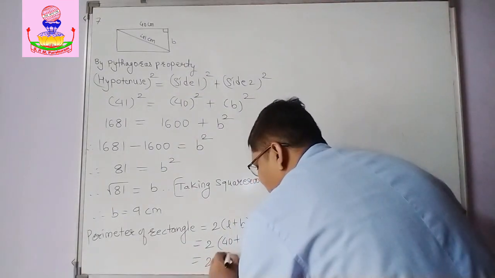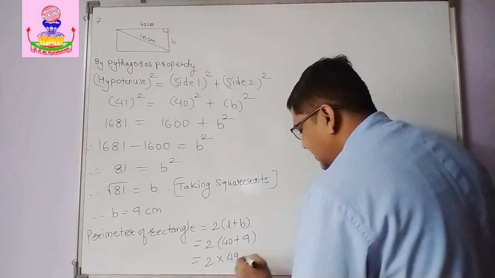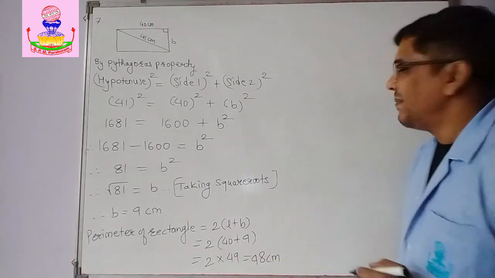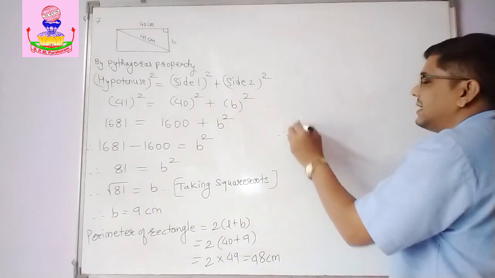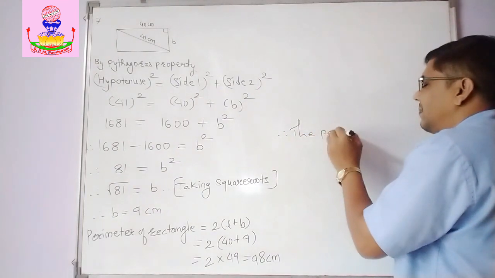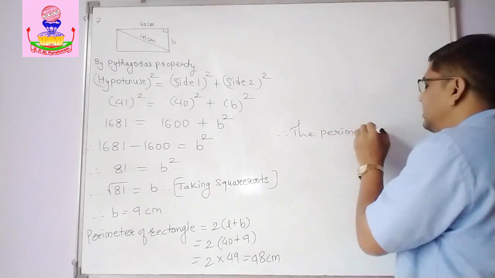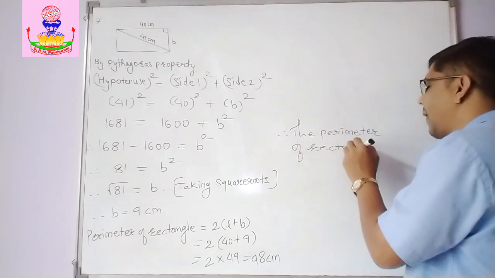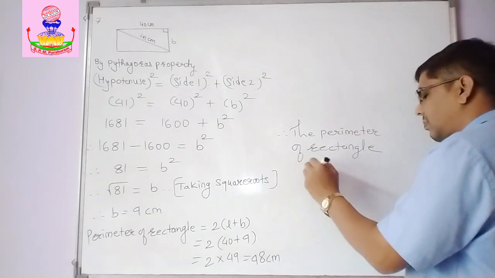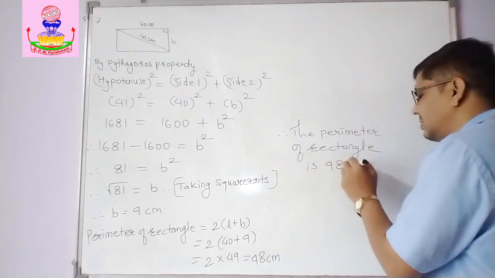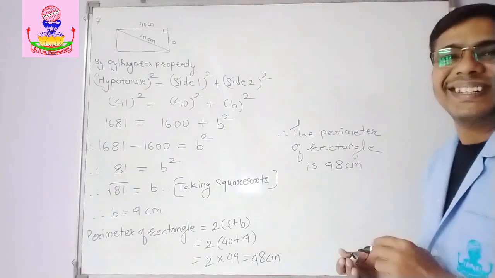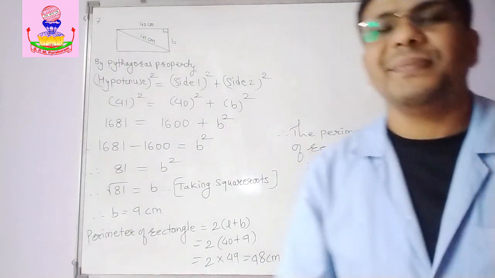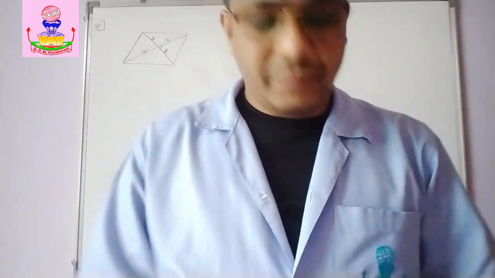Right, so 40 plus 9, 49. So 2 into 49, that is 98 centimeters. Therefore, the perimeter of a rectangle is 98 centimeters. Okay. Now let's move to the next example.